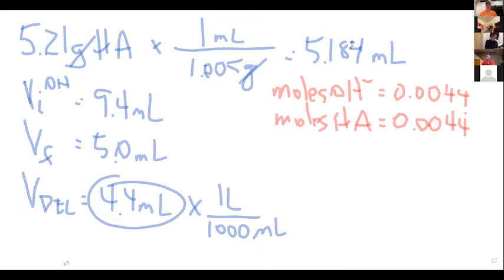So now I can calculate the concentration because I have moles, I have a volume. Moles over liters is molarity.